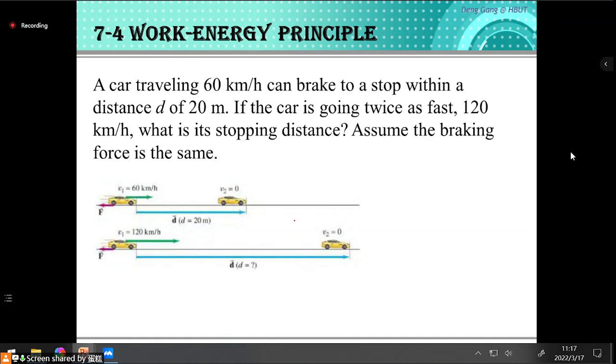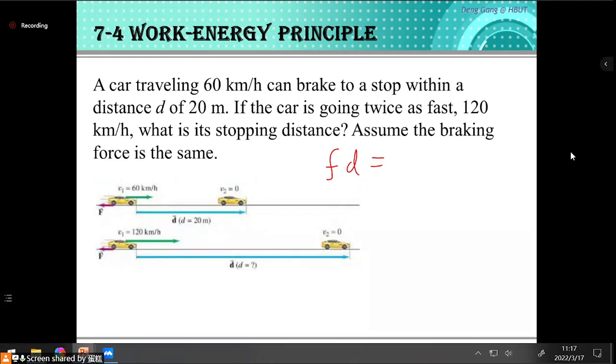For example, the braking force is F, and the stopping distance is D. So FD should be equal to the change in kinetic energy. The initial velocity is 60 or 120, and the final speed is 0, because it stopped.